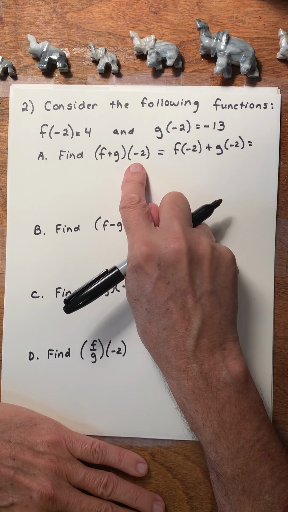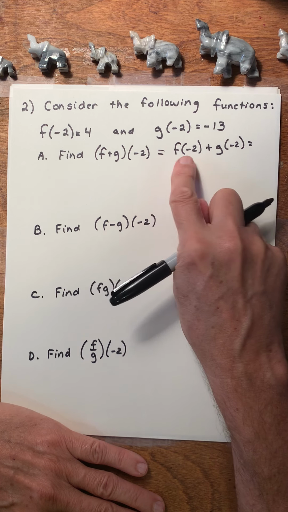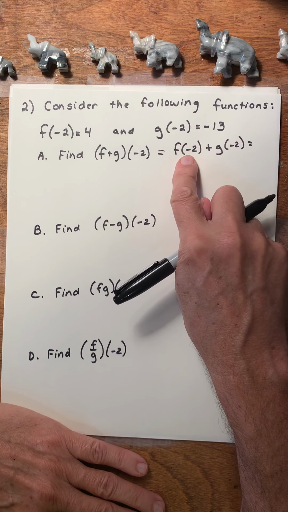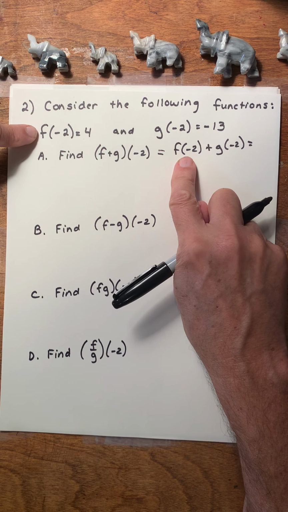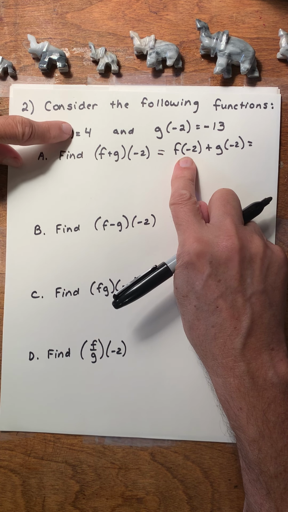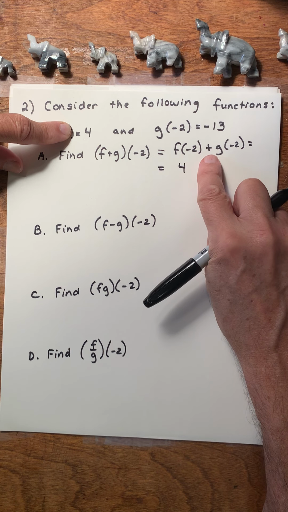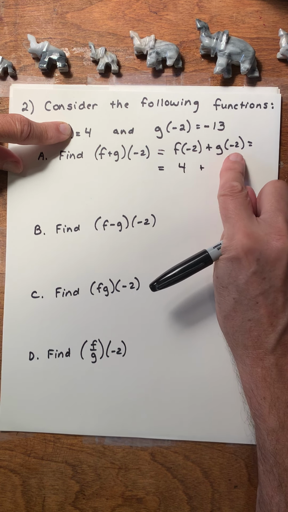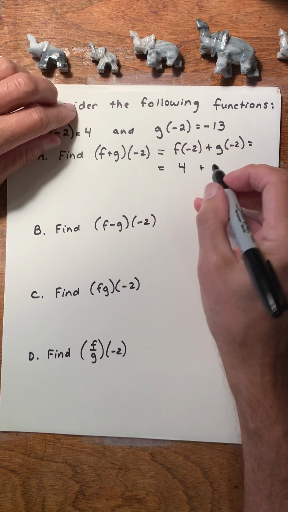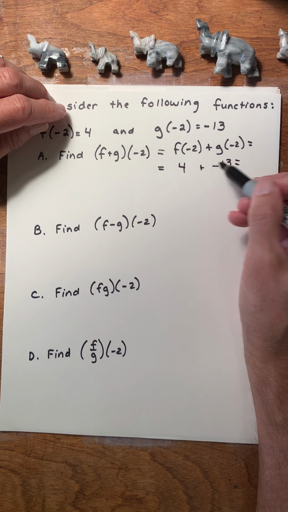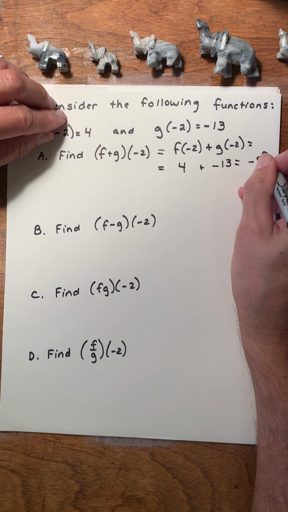So f plus g of negative 2 means f of negative 2 plus g of negative 2. Hey, well, what do you know? I've already got f of negative 2. It's right here. F of negative 2 is 4. And I've already got g of negative 2. G of negative 2 is negative 13. Well, that's easy enough. 4 plus negative 13, negative 9.